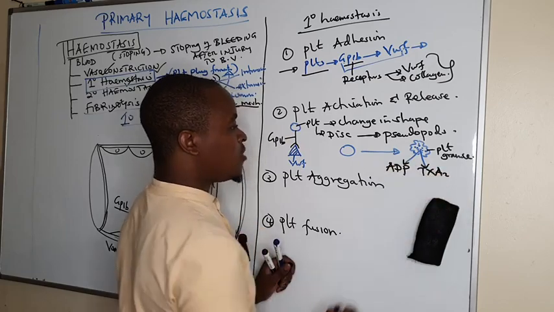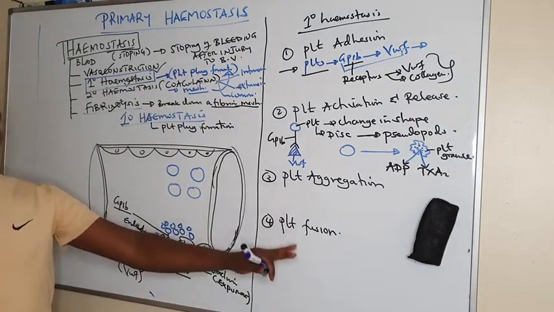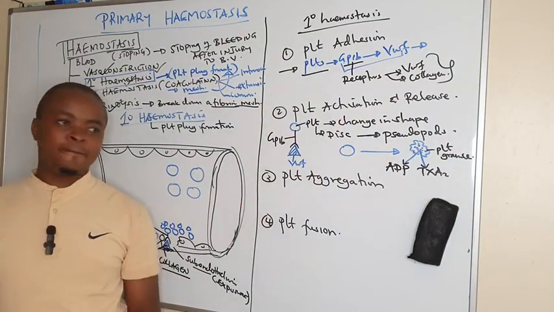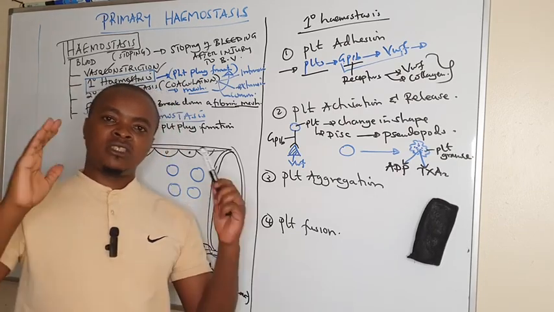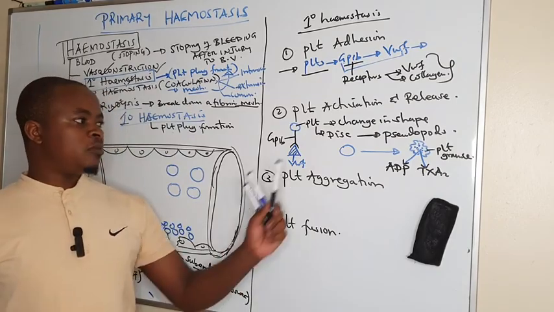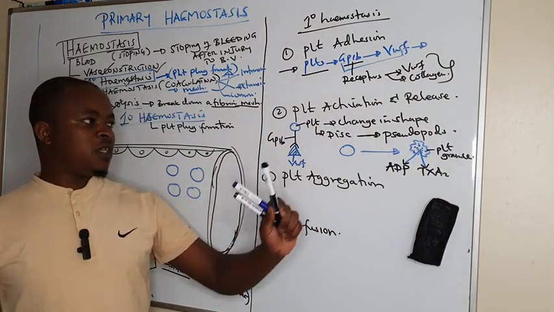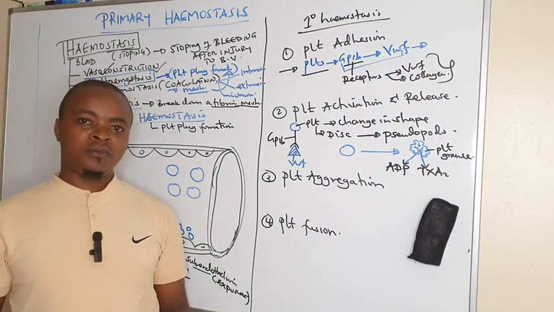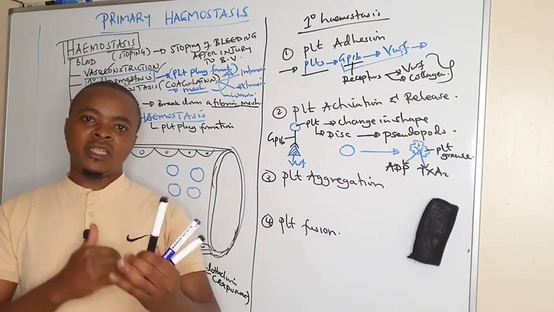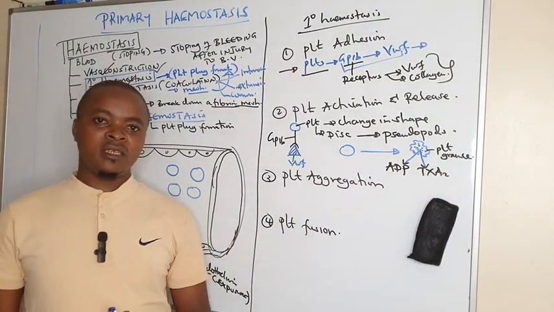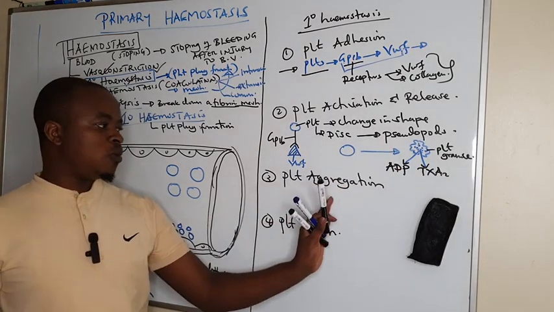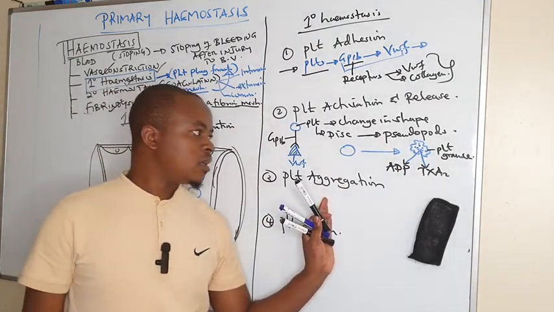These are the granules that are released after the platelet is activated. Platelet activation is only the change in shape from discoid to the pseudopod or amoeboid shape, and as it changes shape, it is triggered to release granules, that is ADP and thromboxane A2, as we are going to see their role in platelet aggregation.